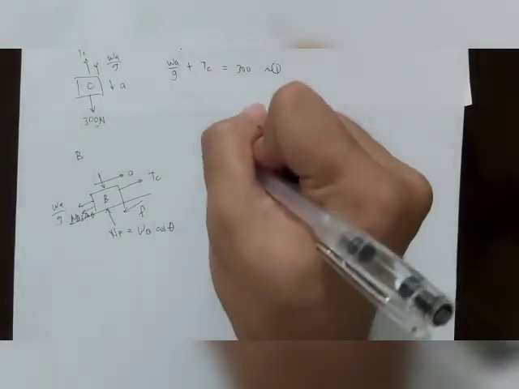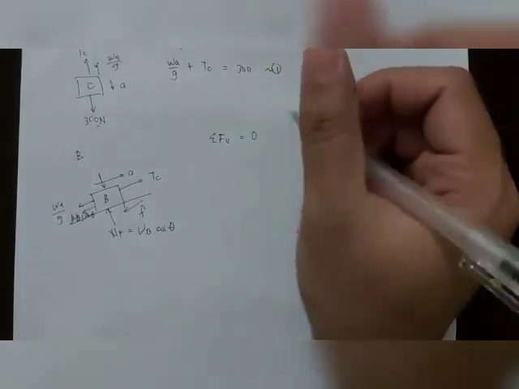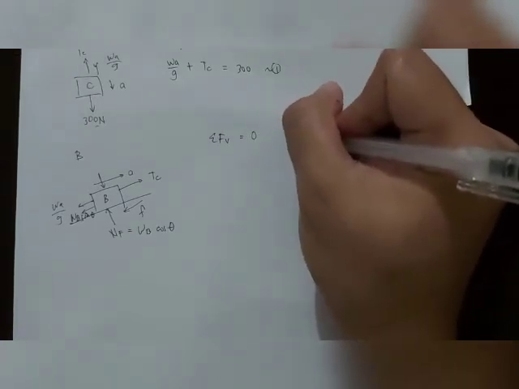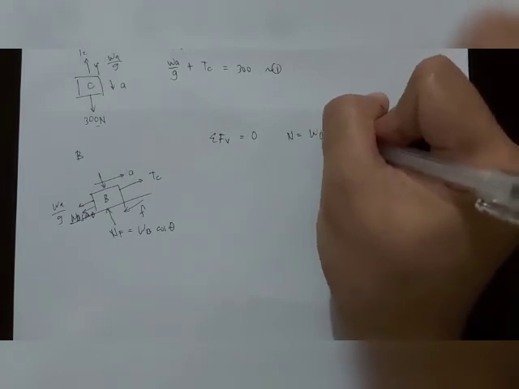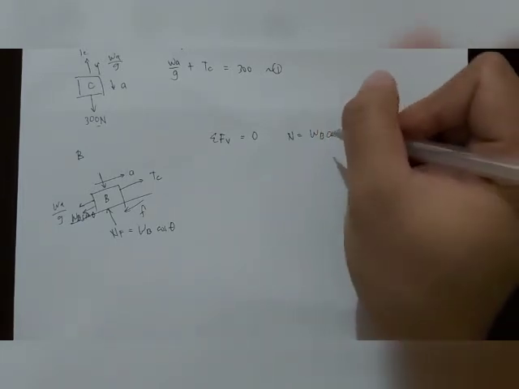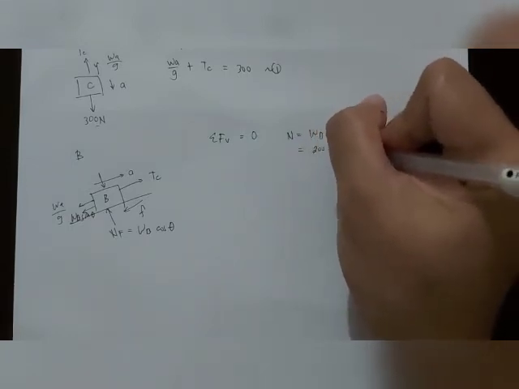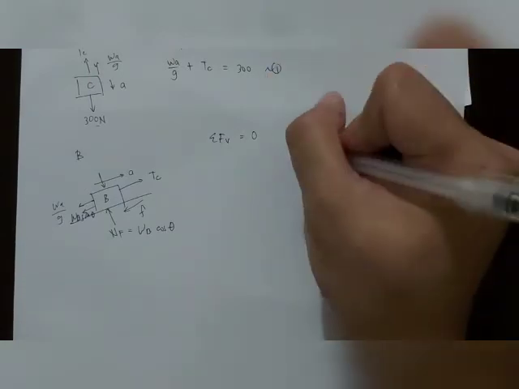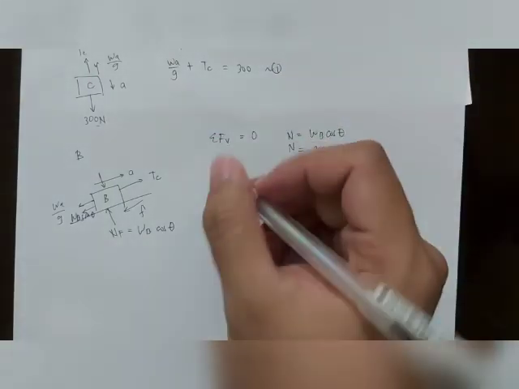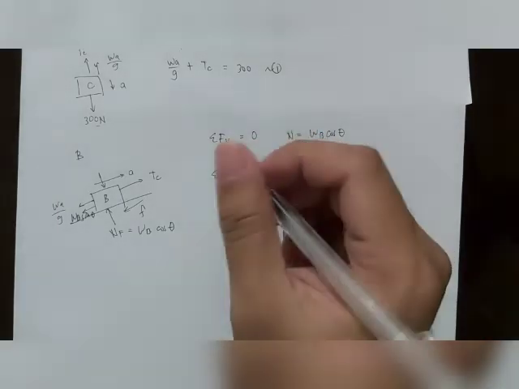So next, summation of forces vertical is equal to 0. So for vertical, N, the normal force, is equal to W sub B cosine theta, where the weight is 200 and theta is 30. So summation of forces along horizontal is equal to 0.